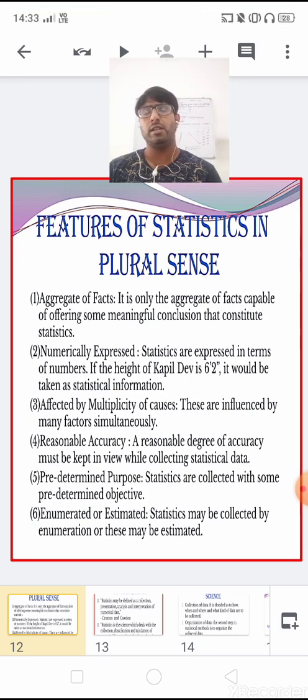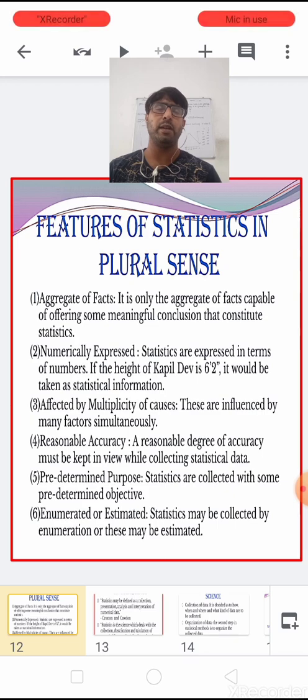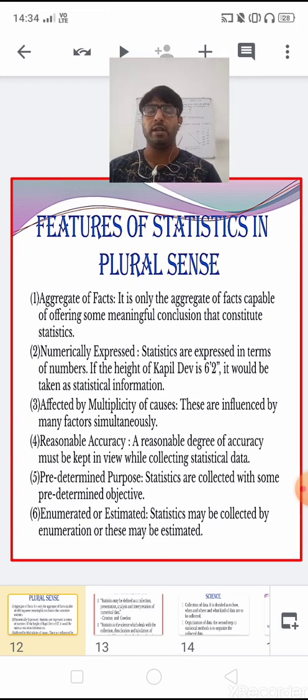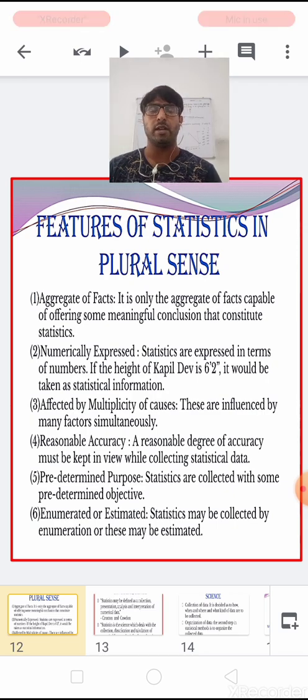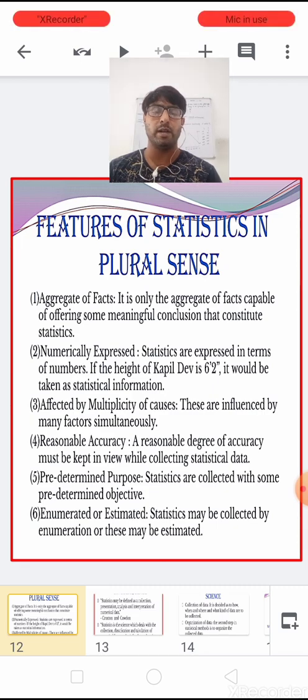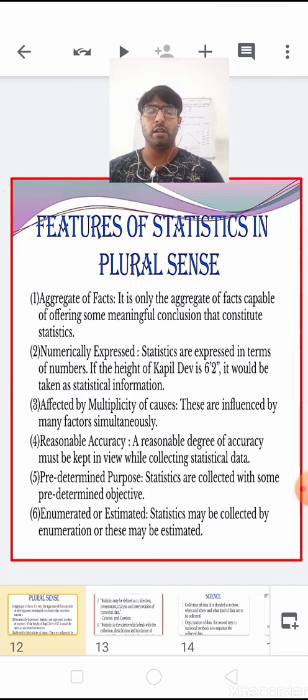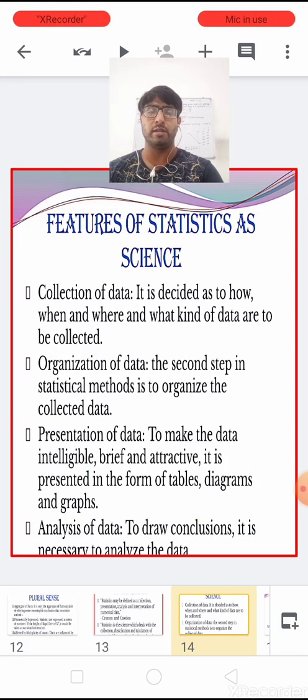When any statistical inquiry is conducted, the purpose is already predetermined. Next is enumerated or estimated. Statistics may be collected by enumeration or they may be estimated, and they are collected by enumerators.